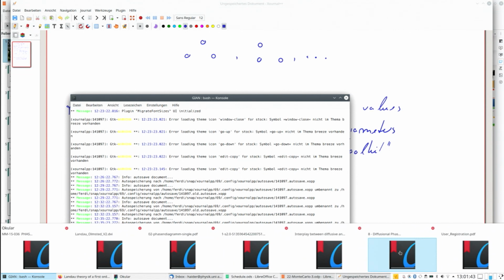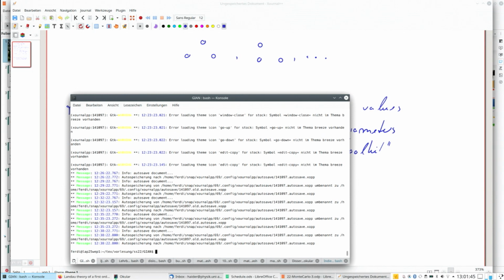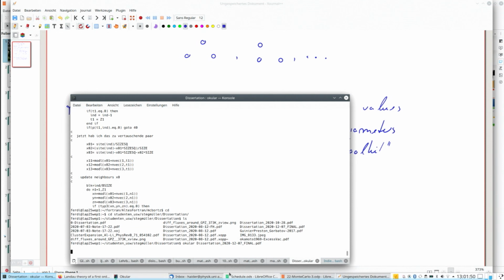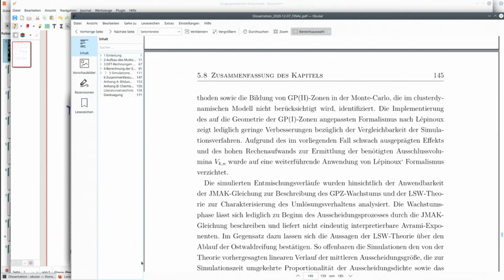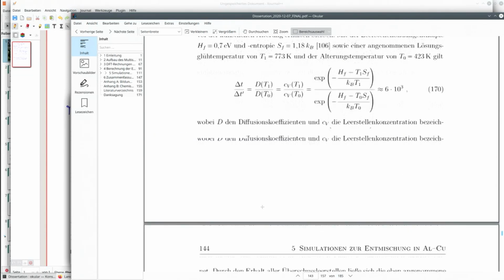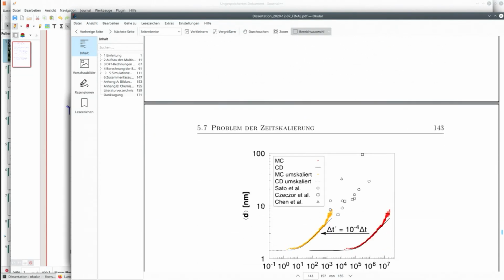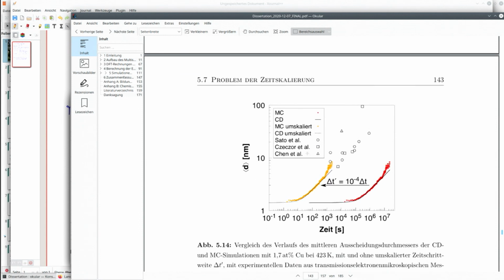Is it this one? No, it's not this one. Oh, here it is. Here's this question of time scale. So here you see the Monte Carlo. Here you see this cluster evolution algorithm. And then if you translate, they fall on the same curve.